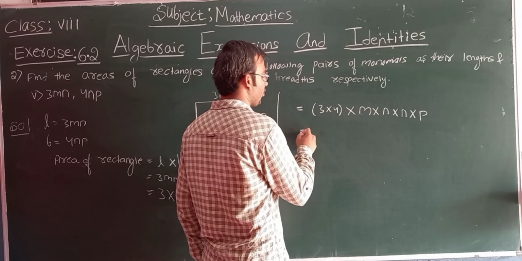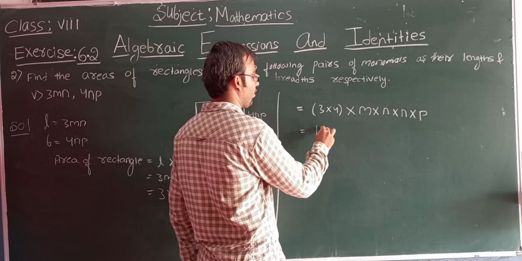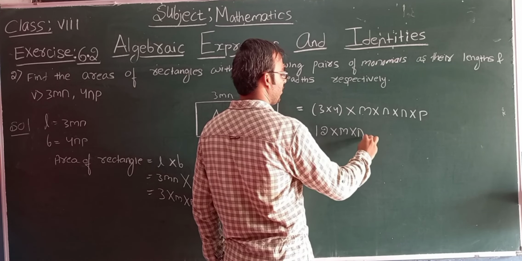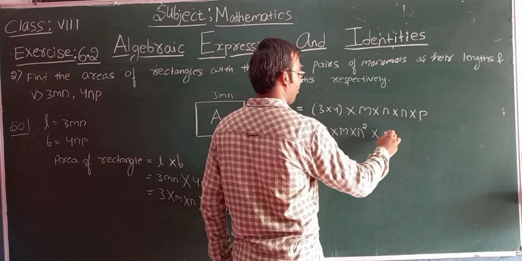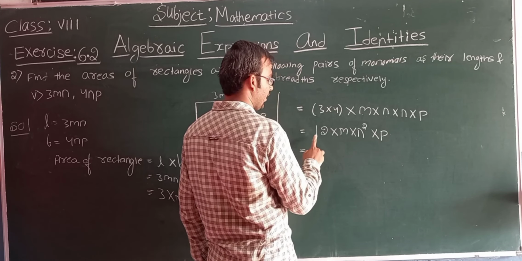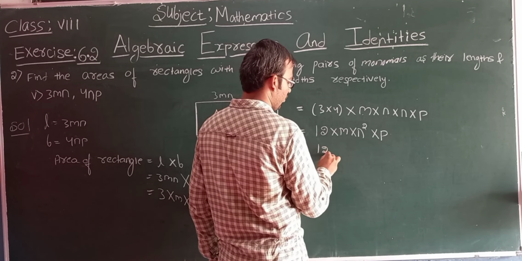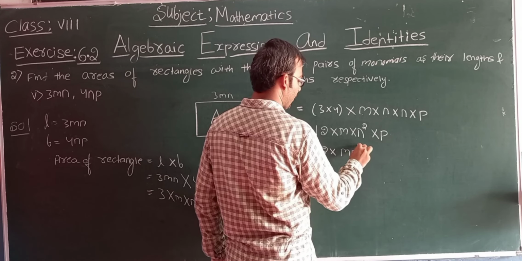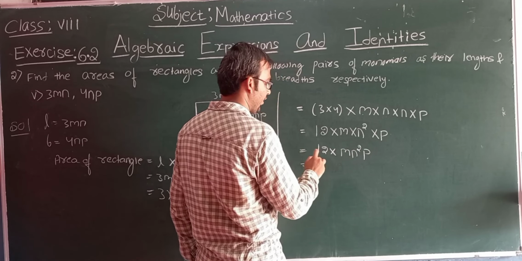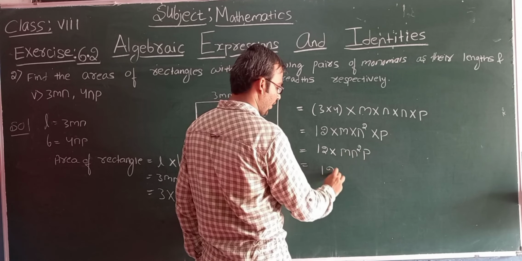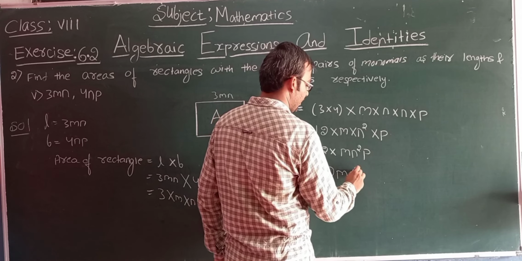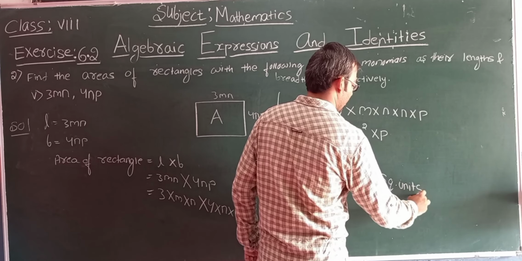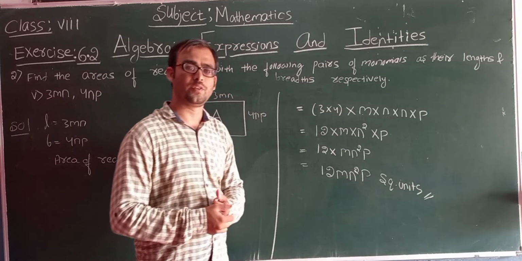Here 3 4s are 12 into m, n into n is n square, into p. So 12 into m n square p, and this is 12 m n square p square units. This is the solution for the fifth problem.